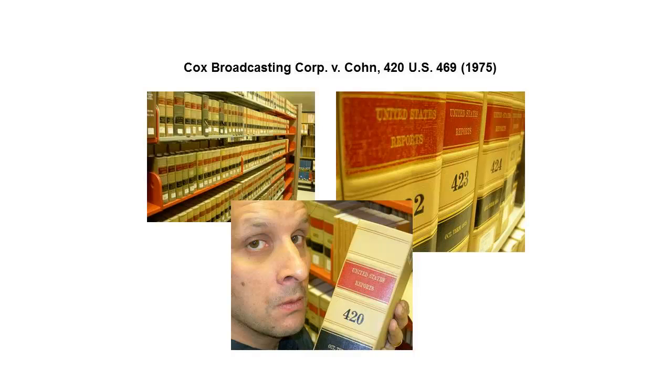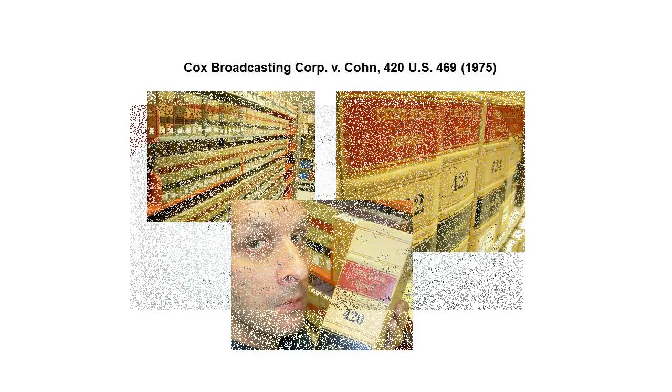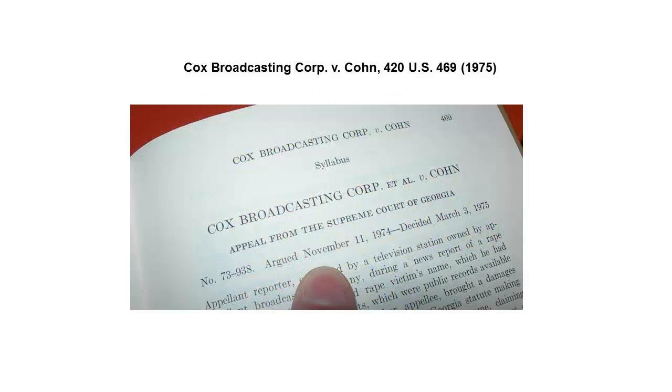And boom, there it is, volume number 420, which is the volume number I'm looking for, Cox versus Cone. And if I open up volume number 420 and turn to page 469, because that is the number that was listed in the citation, well, by God, there is the beginning of Cox Broadcasting versus Cone. So that's a quick example of how you would find a case if you have a citation.